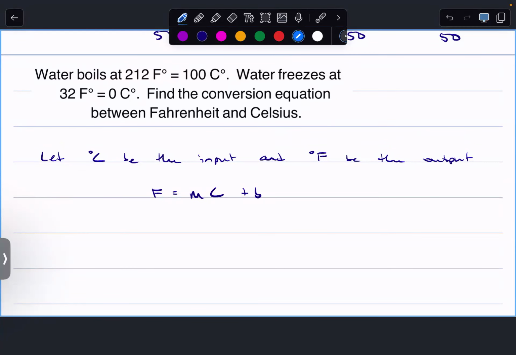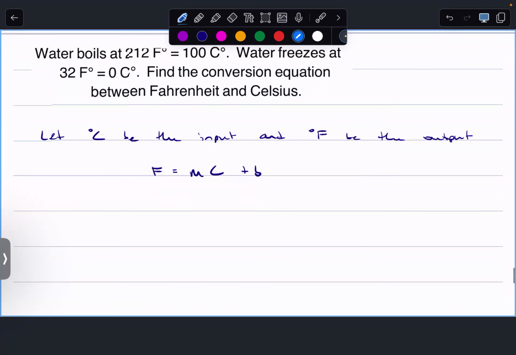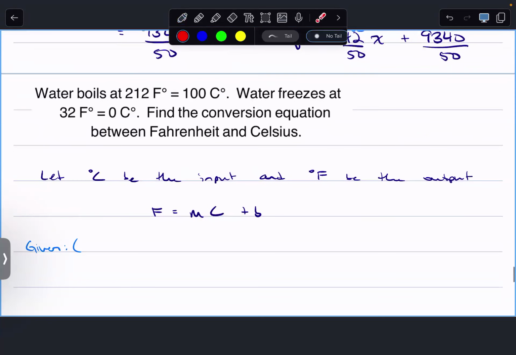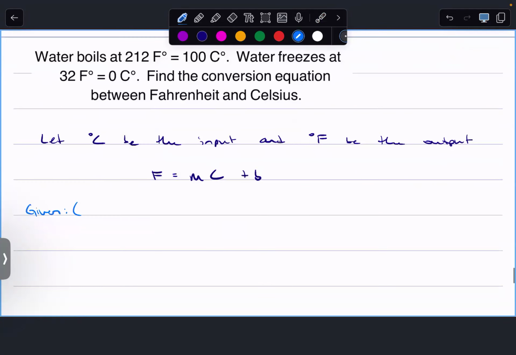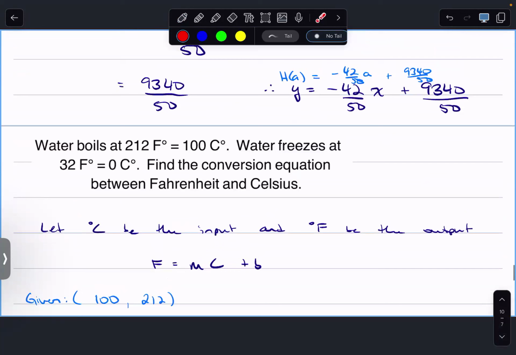So then we're given, when the input is 100, we get an output of 212. When the input is 0, we get an output of 32.